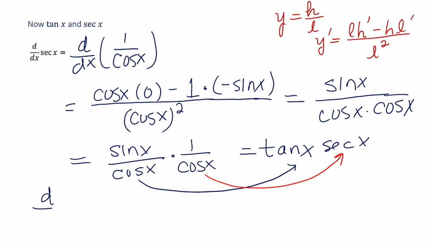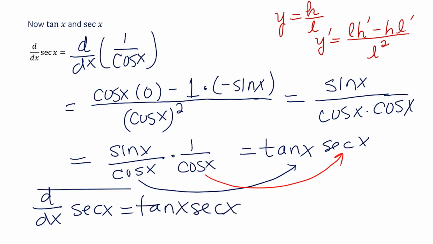So the derivative with respect to x of secant x is equal to tan x secant x. Make sure that you memorize this as well. You should verify that the derivative with respect to x of cotan x is equal to negative cosecant squared x, and the derivative with respect to x of cosecant x is equal to negative cosecant x cotan x.